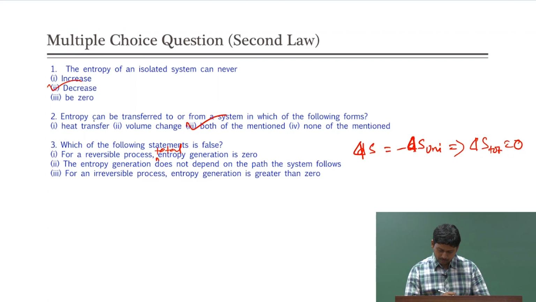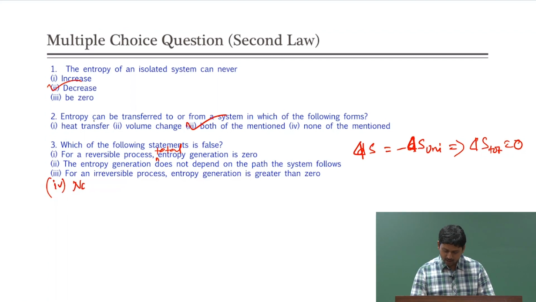So, the first statement is right, and the second statement seems to be right as well: it does not depend on the path that the system follows, meaning it is a state function, not a path function. For an irreversible process, entropy generation is greater than 0 and that is also true. So, all are true. So, I would say that the answer is none of the above.